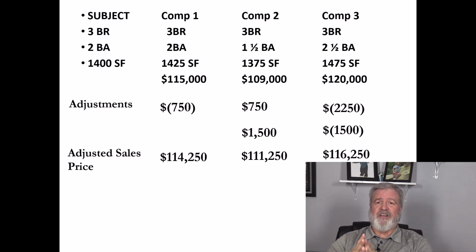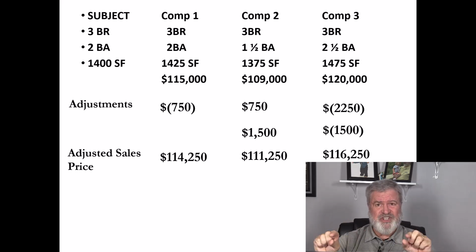But your subject, they haven't done anything to that house since they bought it. Nothing. You could have $50,000, $70,000, $100,000 difference. You could actually have to make an adjustment of $50,000 to $75,000 just for condition.